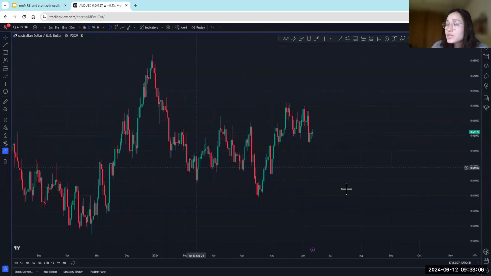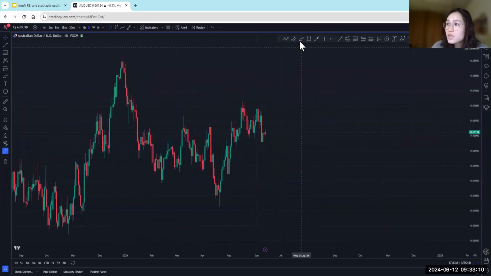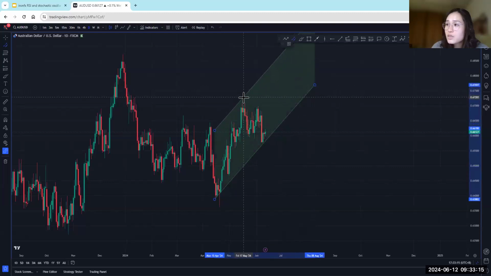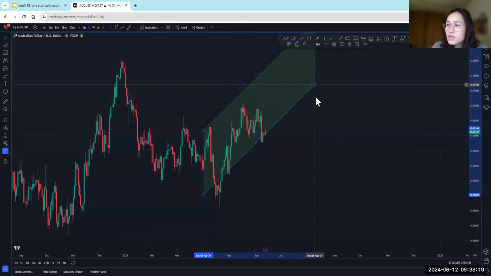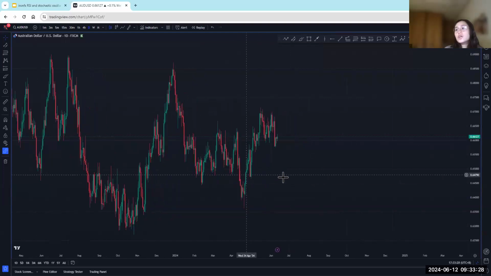But on our daily time frame, we see price generally moving upwards. Okay, I think we might have price moving in a trend channel. Let's see. Okay, not really. But it is generally moving upwards.